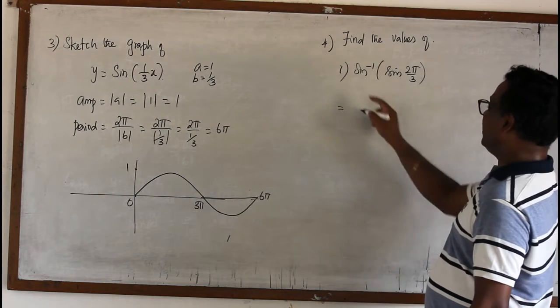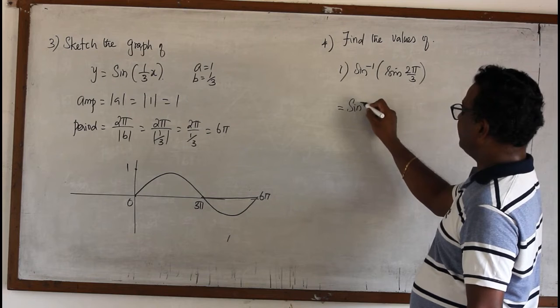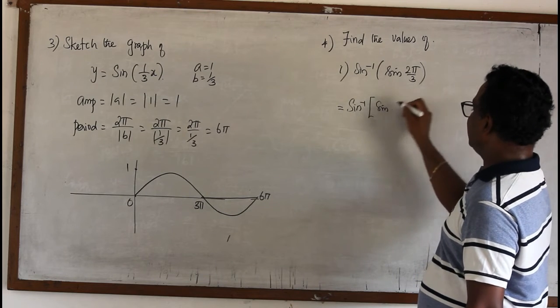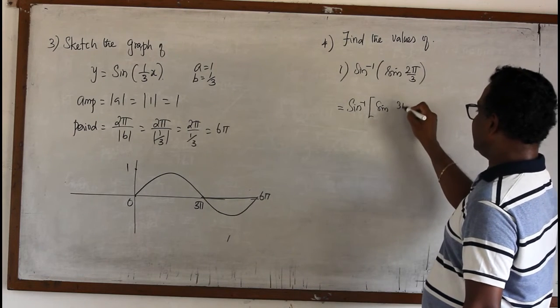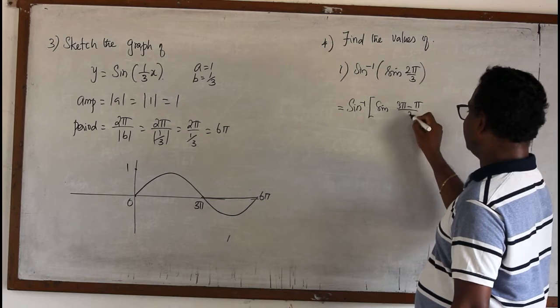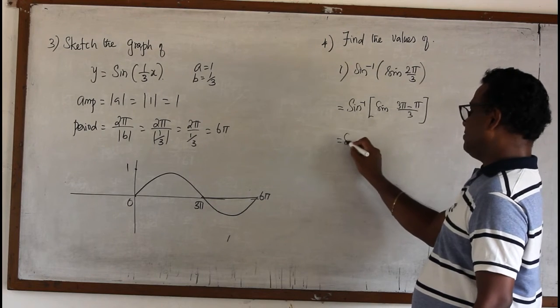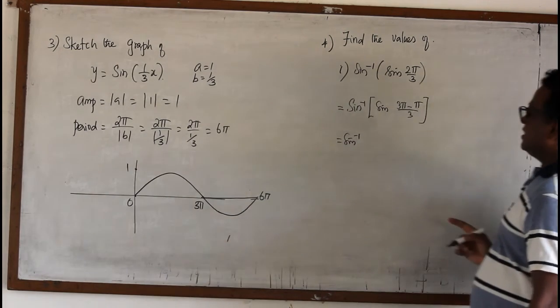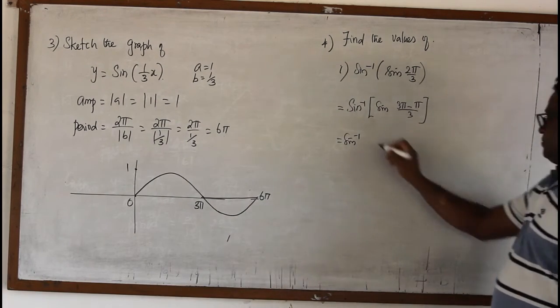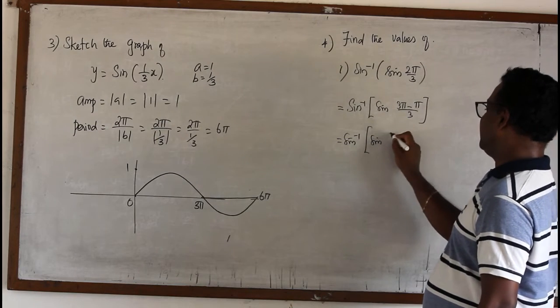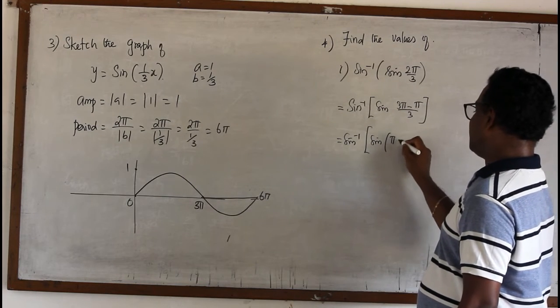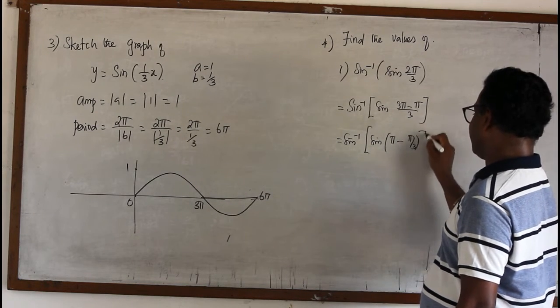So we shall find the value and then we shall cancel. That is sine inverse of sine of 2 pi by 3 can be written as 3 pi minus pi by 3, because I must give the value in such a way that it must lie in the range. So when I divide by 3, it is pi minus pi by 3.